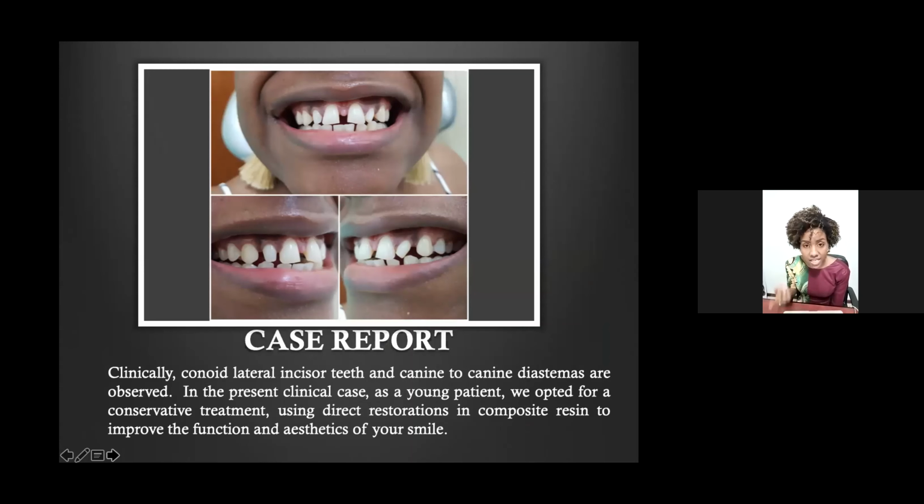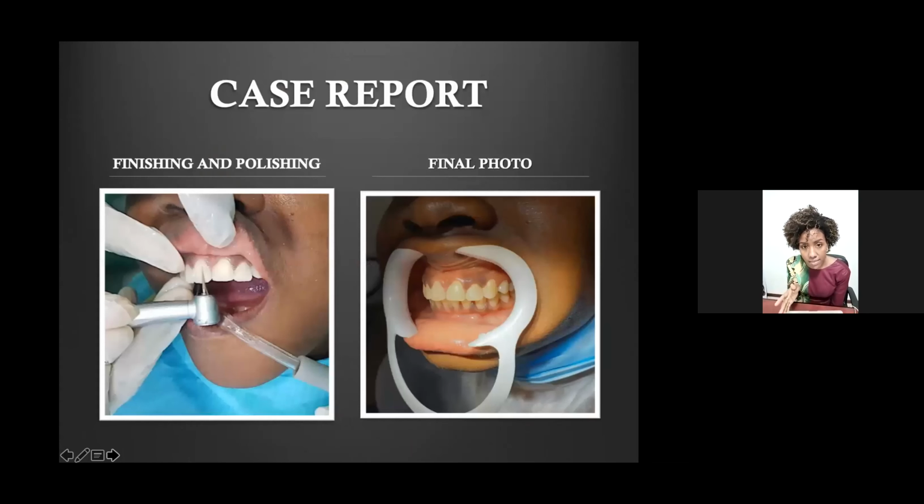So in the next one, you're going to see that I closed all the diastemas canine to canine because the patient said that she wasn't able to do an orthodontic treatment.